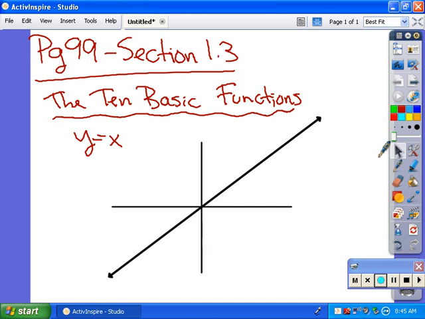Remember when we talked about transformations? You can move things up or down. So if instead of y equals x, I graph y equals x plus 3, what would that do to the graph? It would move it up 3. So it would be the same graph, just shifted. And then if I put a 2 in front of the x, what would that do?